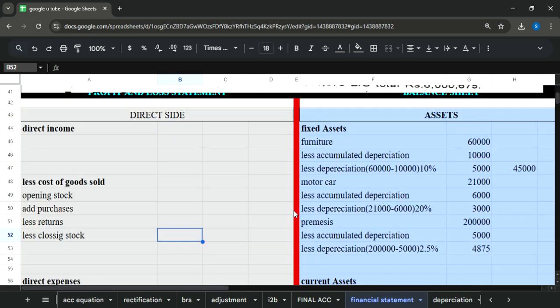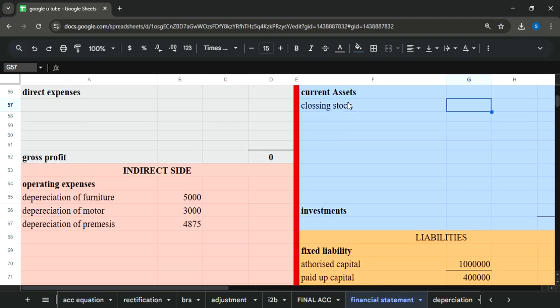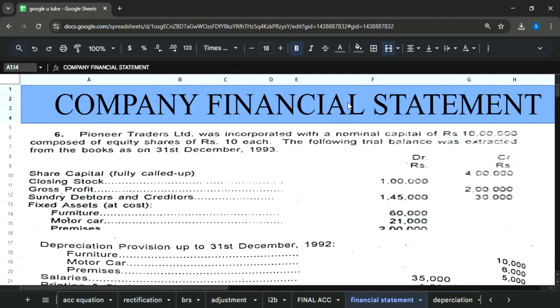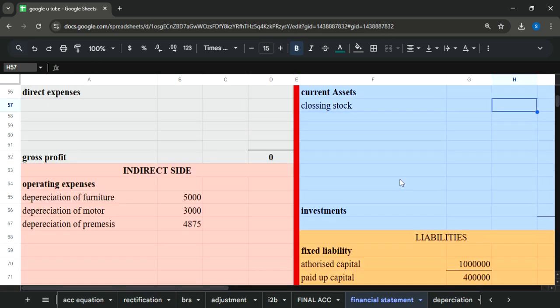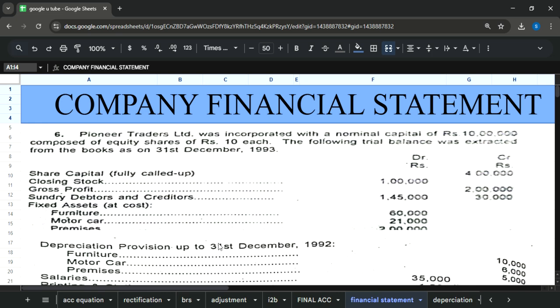You do not need to write closing stock over here. Just go to current asset and mention closing stock just once. You do not need to put it twice. Amount of closing stock is 1 lakh. Write down 1 lakh over here. I'm sure you people understood. We are not going to write closing stock over here because it is present in the trial balance. That is why it would have only a single effect and we have written it in current asset.